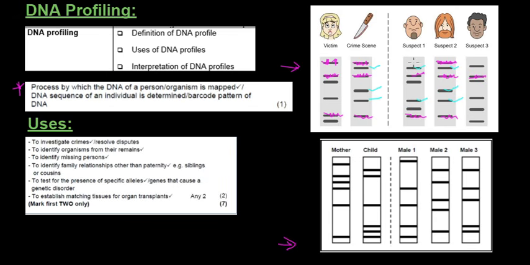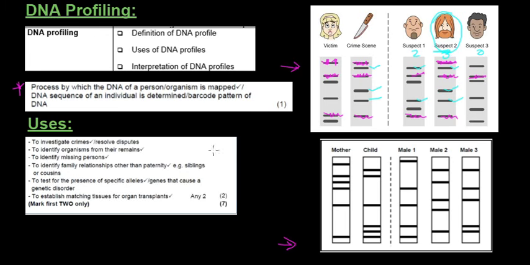So suspect 1 has 2 corresponding barcodes, suspect number 2 has 3, and suspect number 3 is completely innocent. He has nothing. So in this case, the person that most likely committed the murder was suspect number 2.